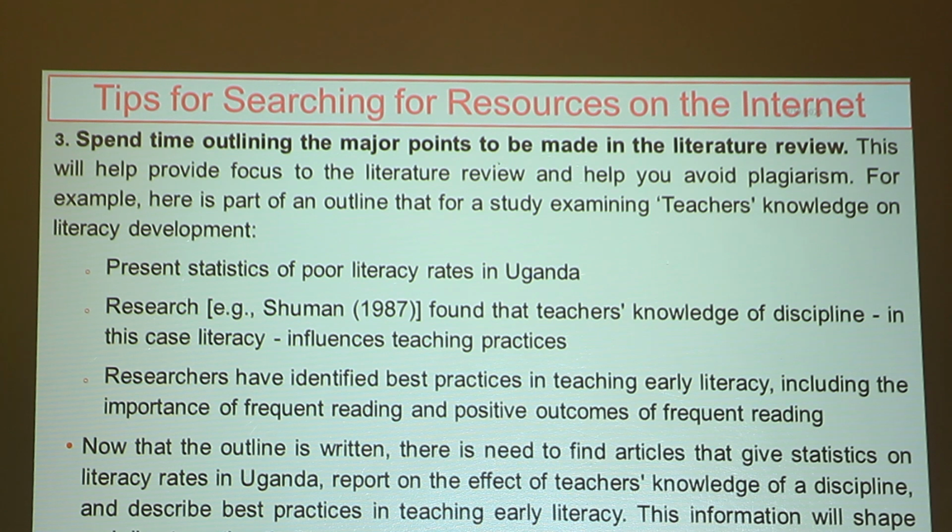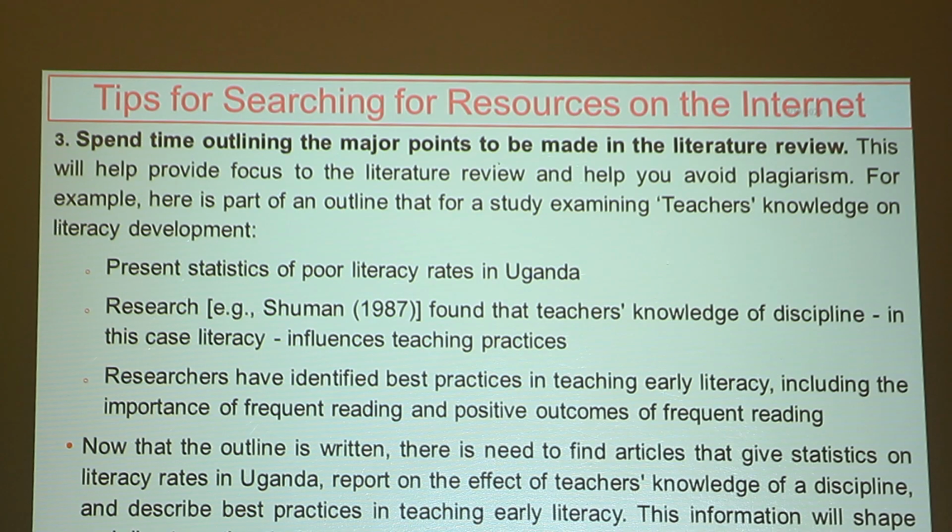So this is the third tip, and in summary, what we are saying is that as a researcher, you sit back and find out exactly what you need to look for. If, for example, your topic is alcoholism, you will need to sit down and think, what do you want to look for under alcoholism?